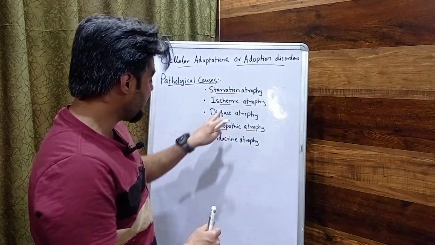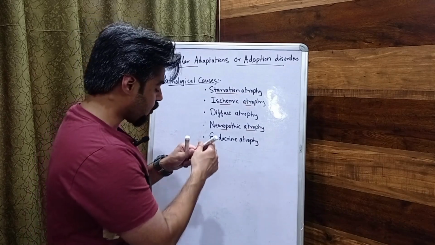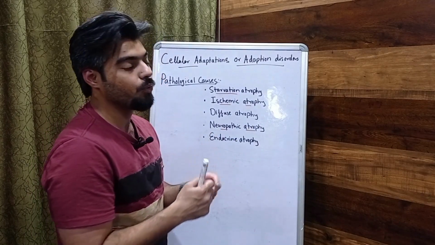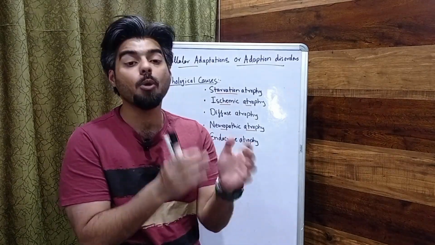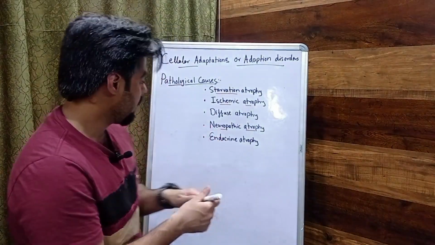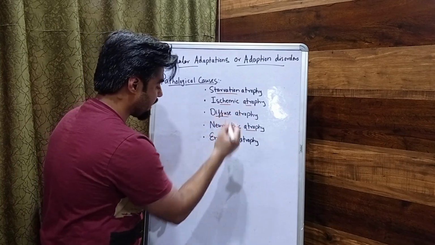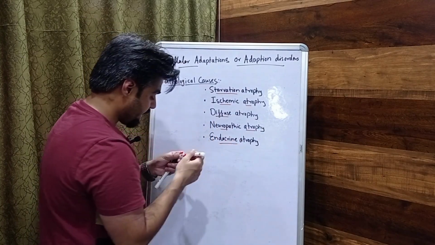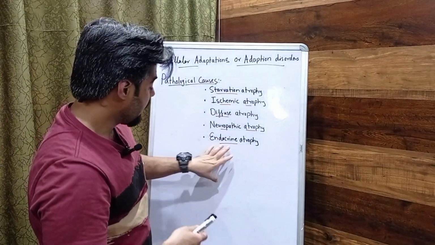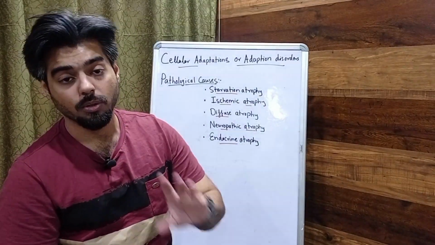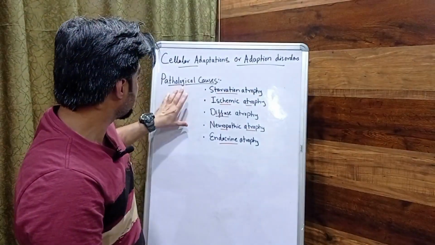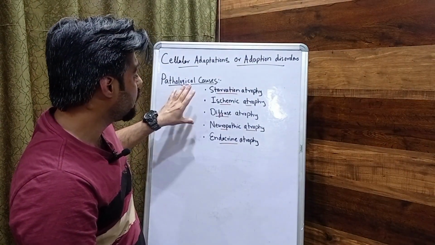In the same way, diffuse atrophy also occurs in the limbs. For example, there will also be wasting of muscles once immobilization occurs. Next, endocrine atrophy, which is atrophy of endocrine organs. So those are the pathological causes of atrophy.